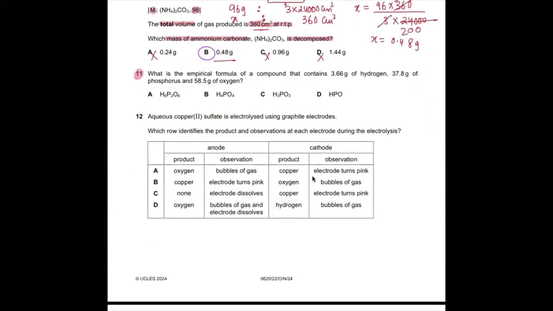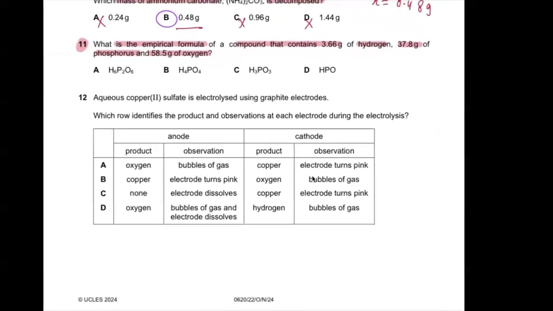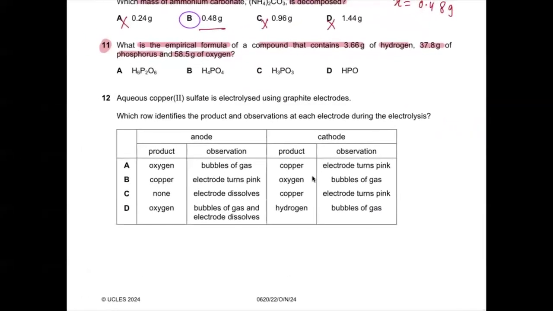Now, MCQ number 11. What is the empirical formula of a compound that contains 3.66 gram of hydrogen, 37.8 gram of phosphorus, and 58.5 gram of oxygen? Okay, so they have given you the masses and they're asking for the empirical formula.